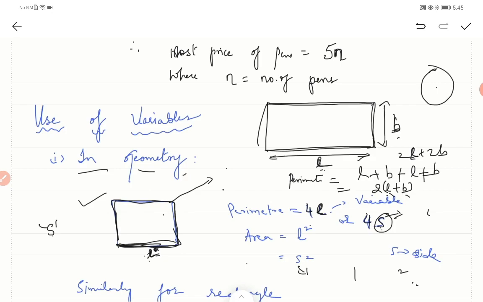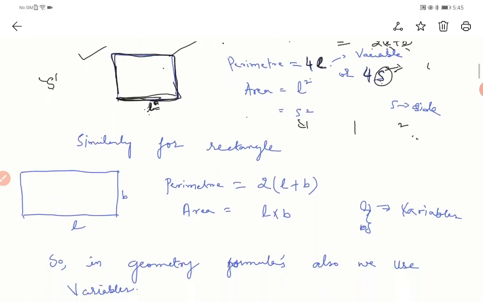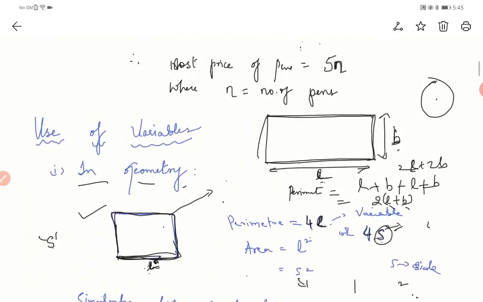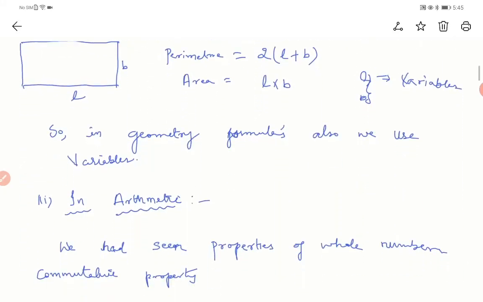Depending on the measurements given, you can calculate the area, the perimeter, and so on. Now, the next thing is where you use it. This was in geometry, and the second is arithmetic. In the previous classes, I remember I have used the x variable many times for the unknown.